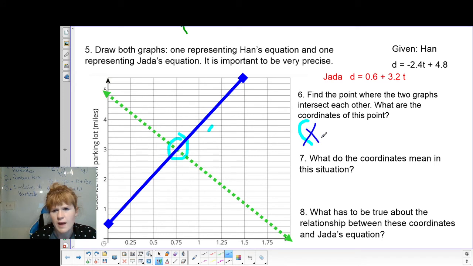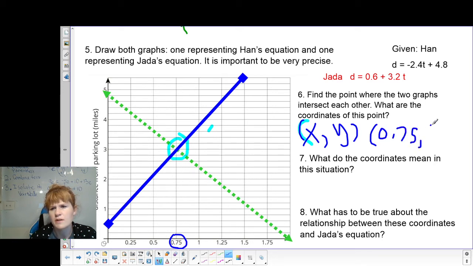There we go. X, comma, y. The x coordinate is 0.75. The y coordinate is 3. So the x coordinate, 0.75, comma, 3.